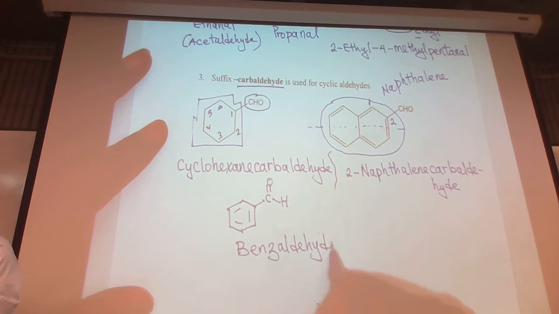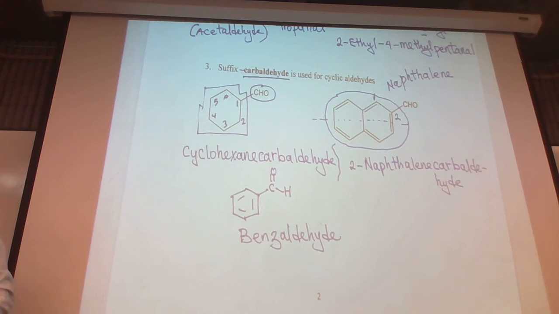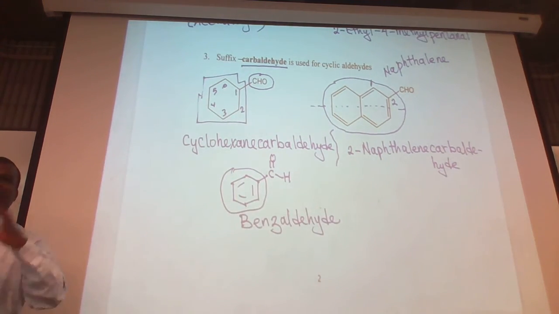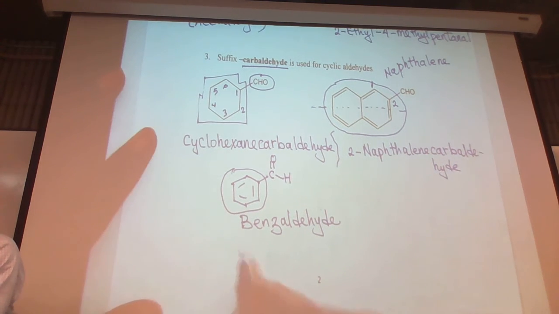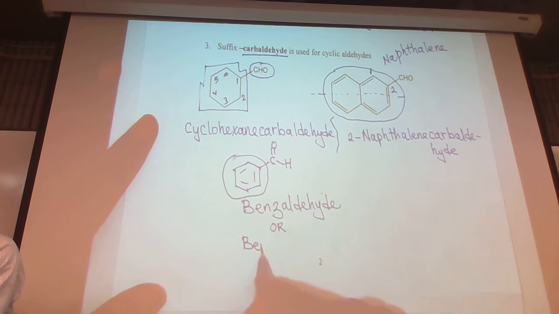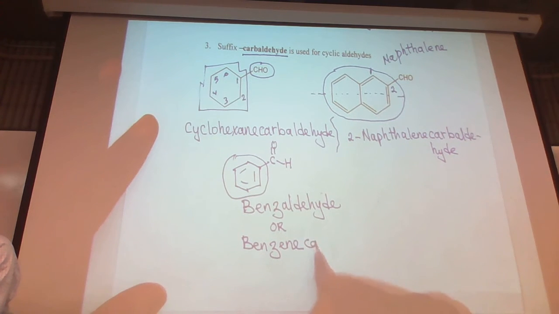Benzaldehyde, okay, which is the adopted name. But if you want to go by the IUPAC name, this ring is a benzene, right? So it says name the ring and then add carbaldehyde to it. Okay? So by IUPAC, this would be benzene carbaldehyde.